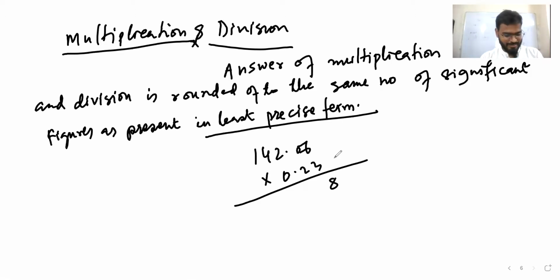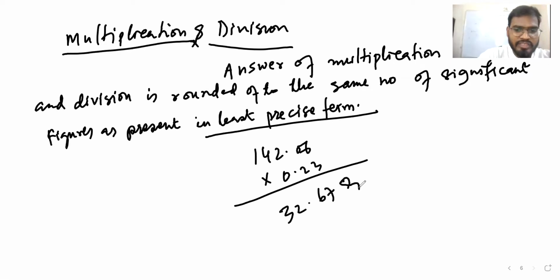So you guys do it, I am not going to do it. 142.06 multiplied by 0.23. If you do the calculation in a calculator, even by hand, you are going to get the same thing: 32.6738. So that is the answer.